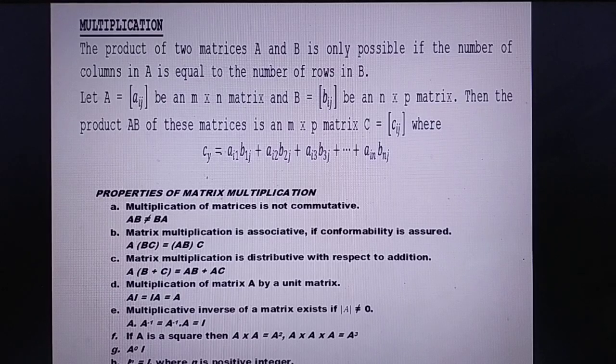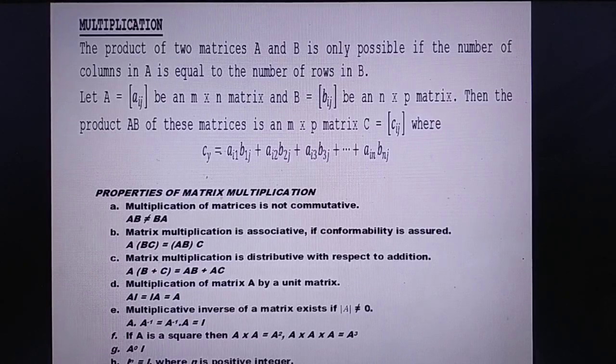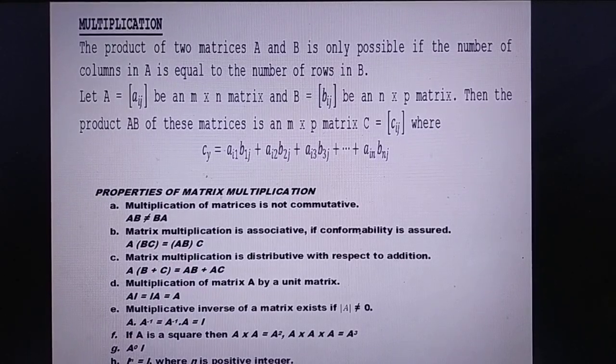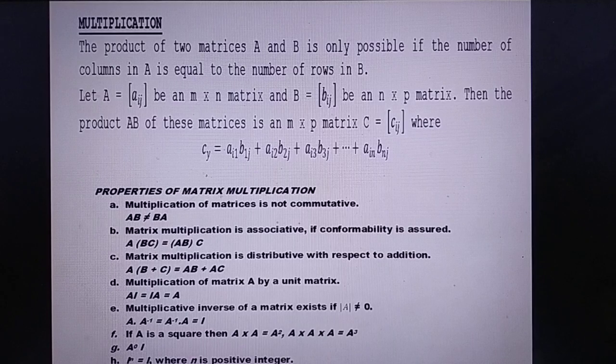So, properties of matrix multiplication. Multiplication of matrices is not commutative. Say A multiplied by B is not equivalent to B multiplied by A. And matrix multiplication is associative if conformability is assured.